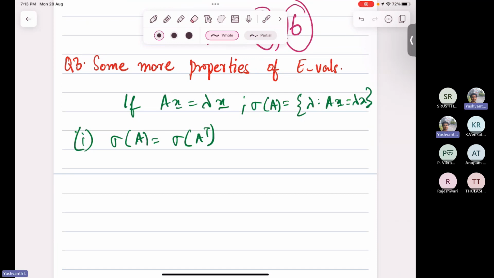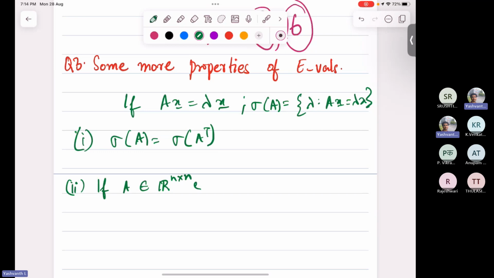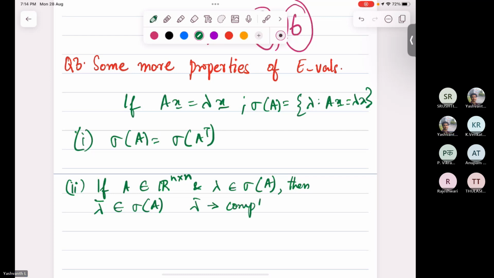The next property, again very interesting, is: suppose A is in R n by n, that is, it's a real matrix. All entries are made of real numbers. And lambda is an eigenvalue of the matrix, that is, it belongs to the set sigma of A, the set of all eigenvalues. Then lambda bar also belongs to sigma of A, where lambda bar is the complex conjugate.